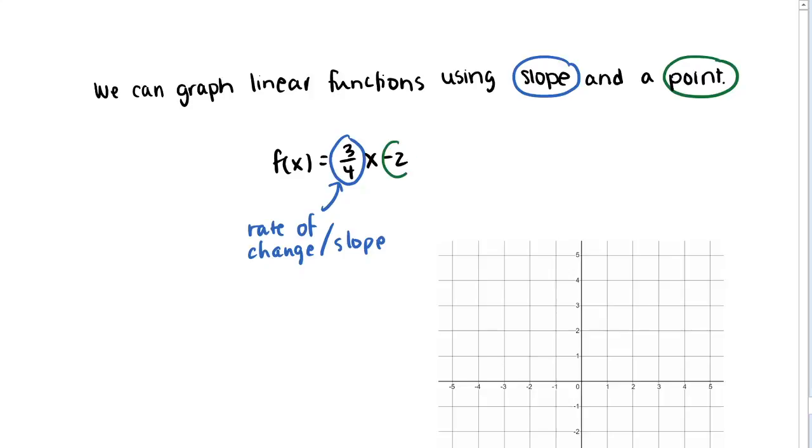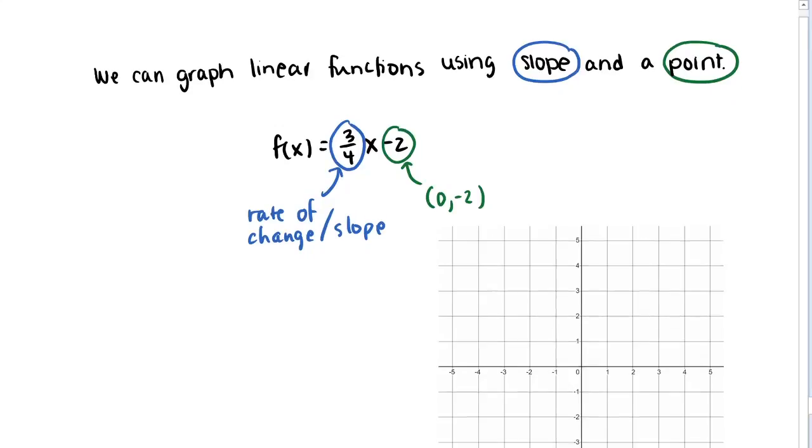And this negative 2 tells us one point on the function, right? This is the initial value. We see that when we have an input of 0, we have an output of negative 2 on this function. It's where our function crosses the vertical axis. We call it the vertical intercept.